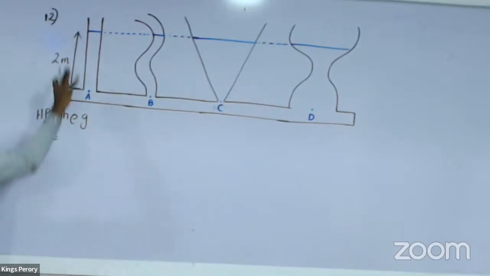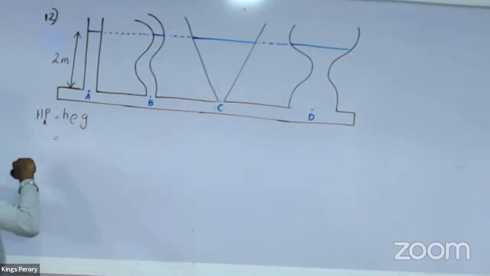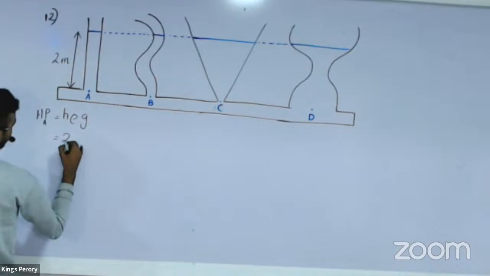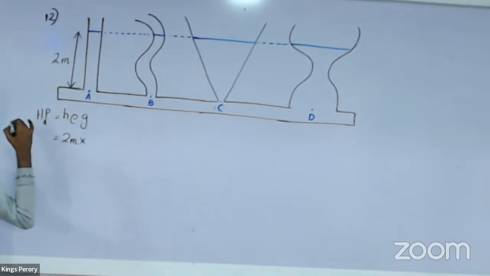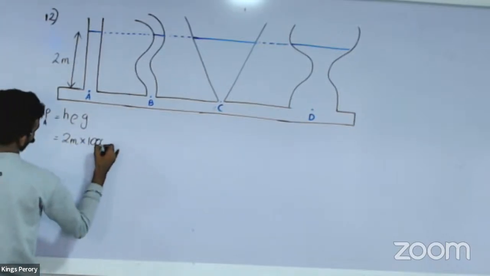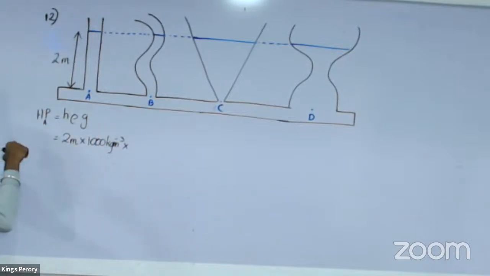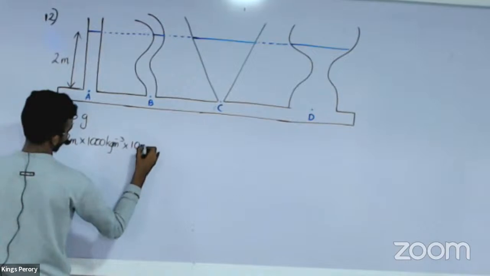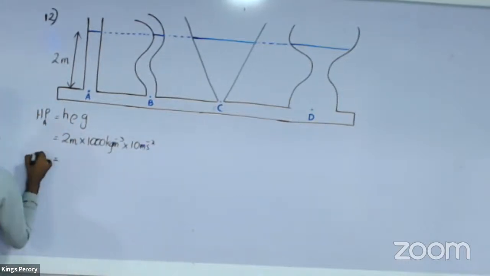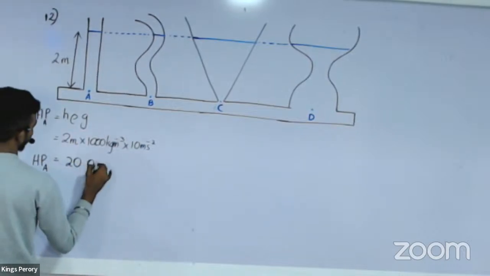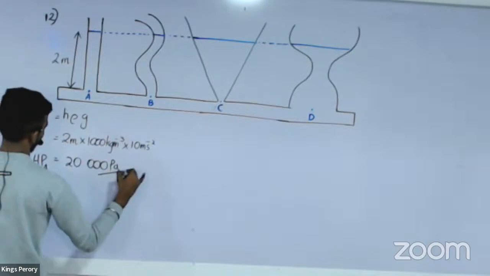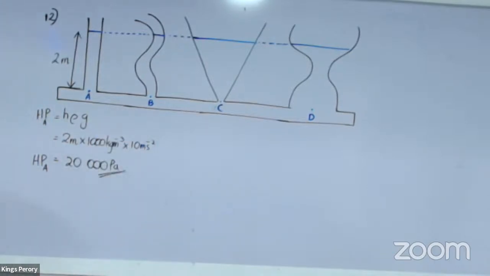What's the depth there? 2 meters. Density of the liquid? 1000 kilogram per meter cube. Gravitational acceleration? 10 m s to the power minus 2. What's the hydrostatic pressure at A? How much? Louder. 20,000 Pascal. Right. That's the hydrostatic pressure at A.